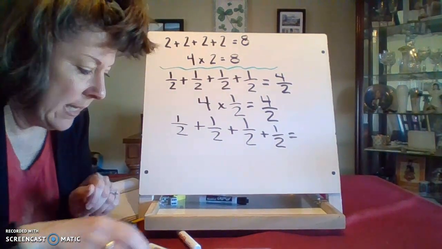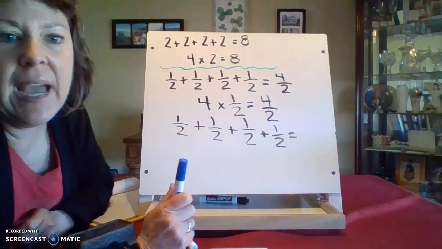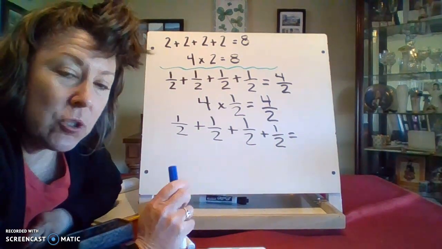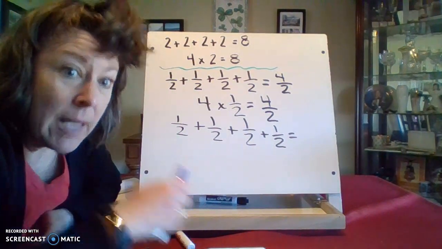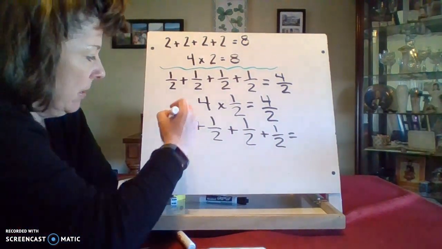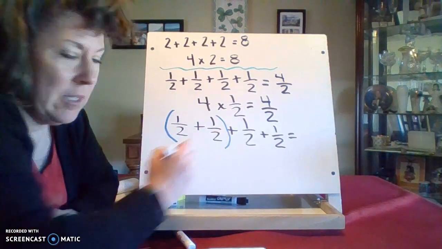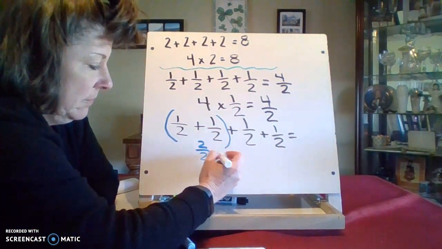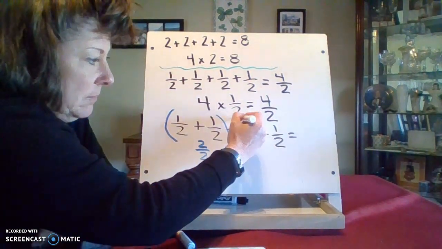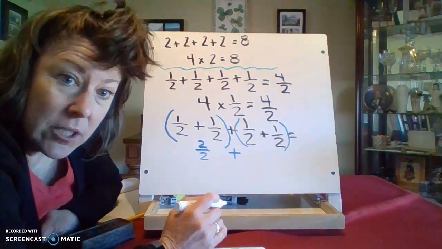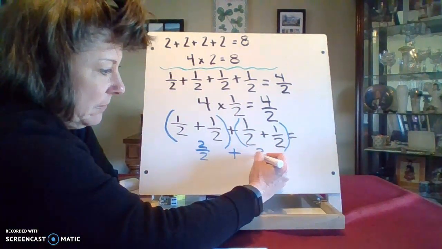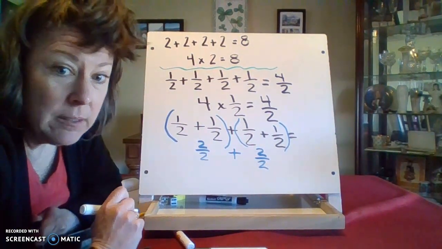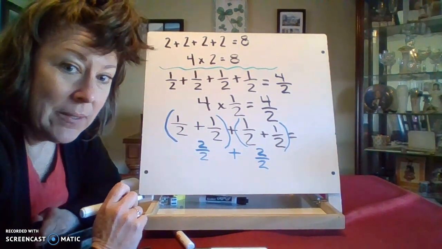Now I'm going to look at that same addition sentence again. And what I'm going to do is put the 1 halves together to make a whole. How many halves do I need to make a whole? I need 2 of them. Those are 2 halves. There's another 2 halves. So now I'm going to write another multiplication statement.